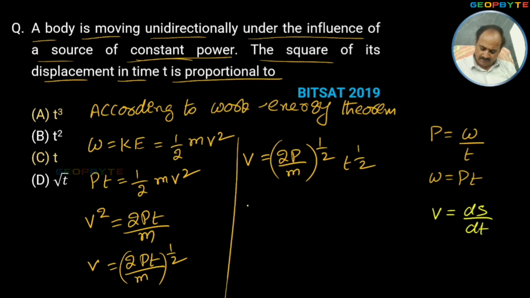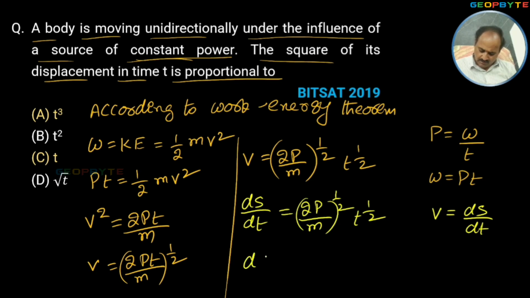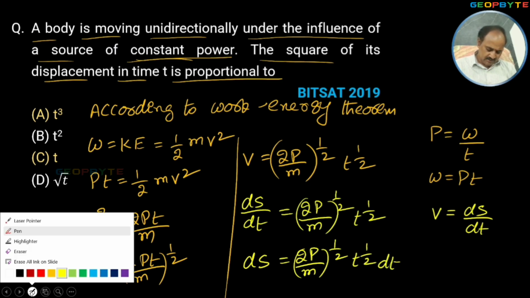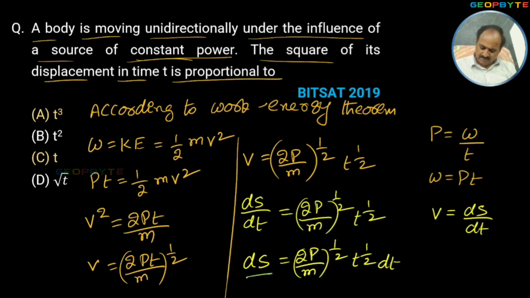In the place of v, let me write that value: ds by dt equals (2P by m) power 1 by 2 into t power 1 by 2, or ds equals (2P by m) power 1 by 2 into t power 1 by 2 into dt. So this is the small displacement of the body in a small time period dt.